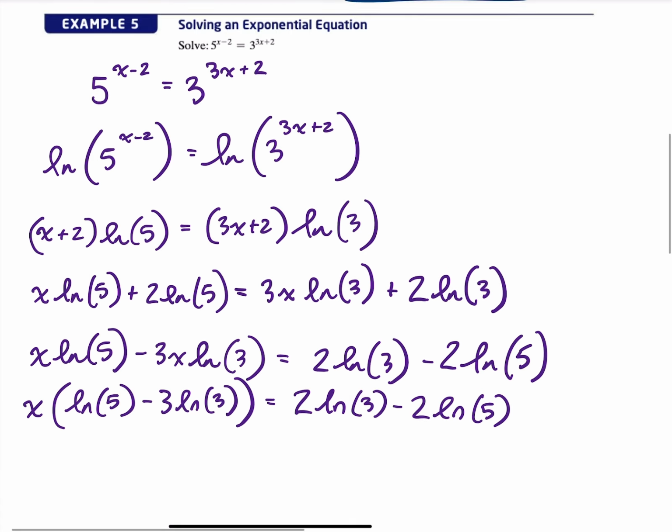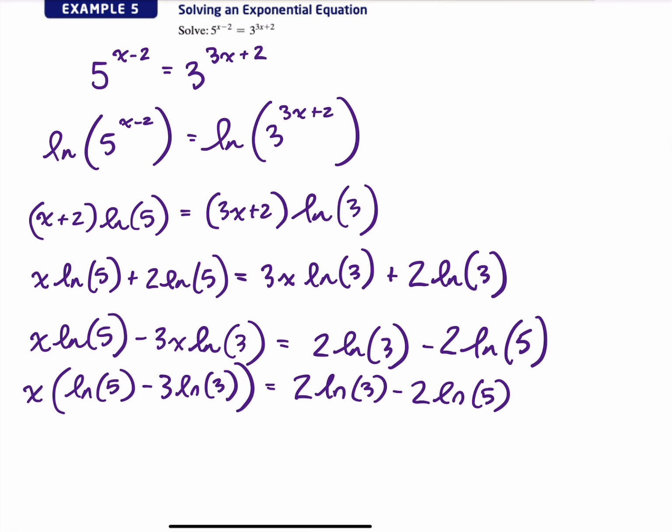Now, we have our x factored out, so let's just divide this whole thing. Again, this is just going to be some number. There's no unknowns in there. We could type that in and get some decimal, but I want to try to stay as exact as possible. So let's just divide that whole term in parentheses.